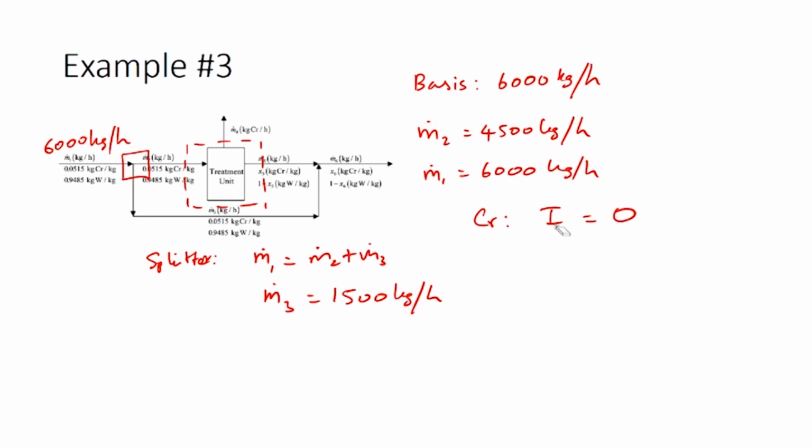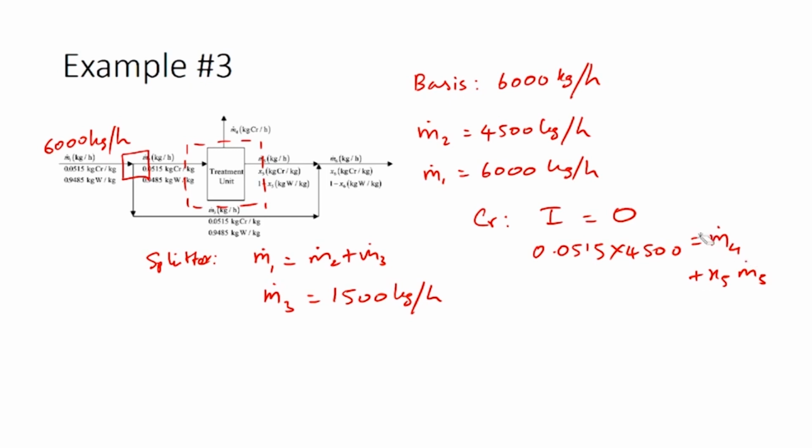So, input equals output. The input term would be 0.0515 times 4500, which is what has to leave through M4 and M5. So, this would be M4 dot plus X5 M5 dot.